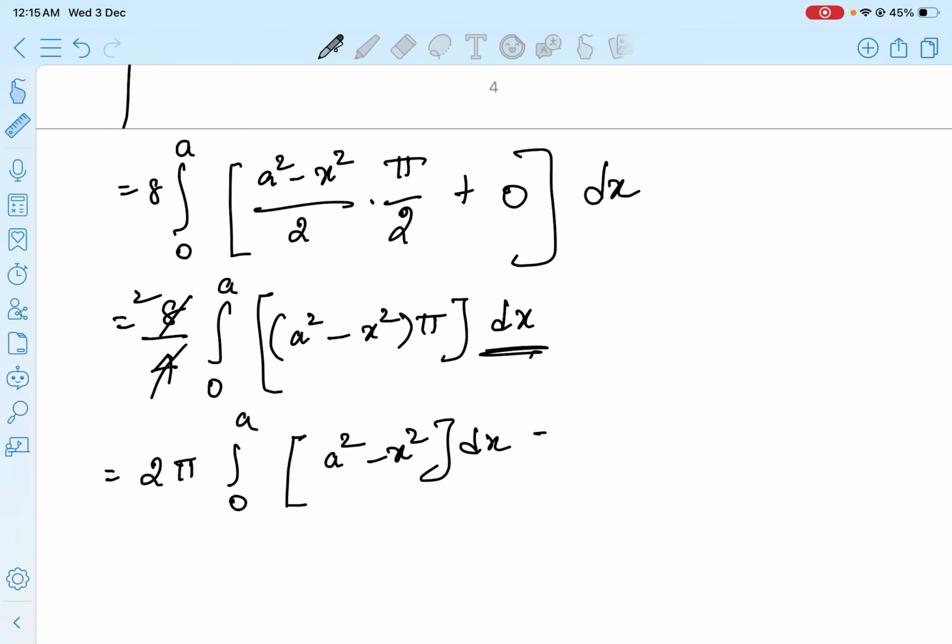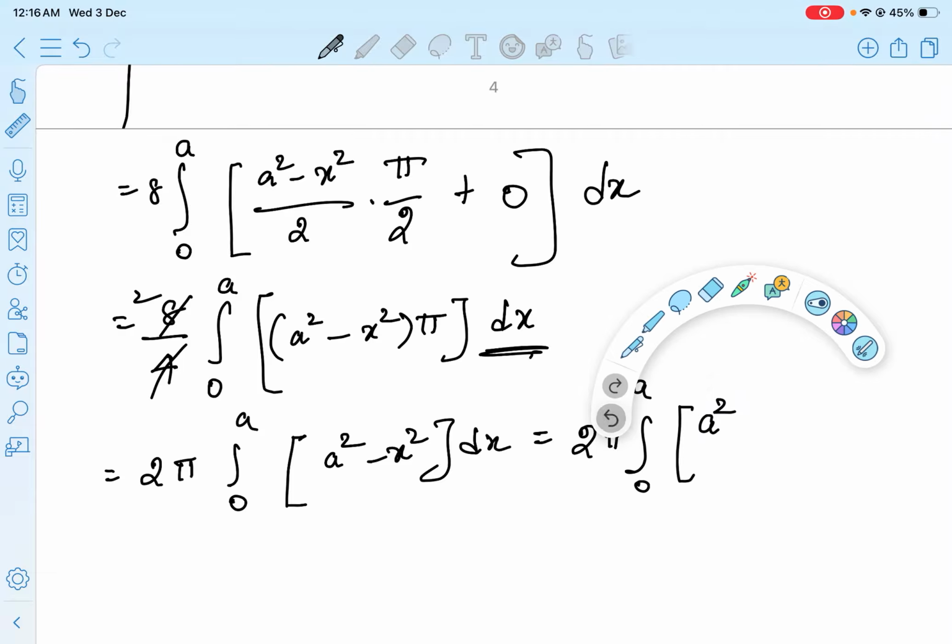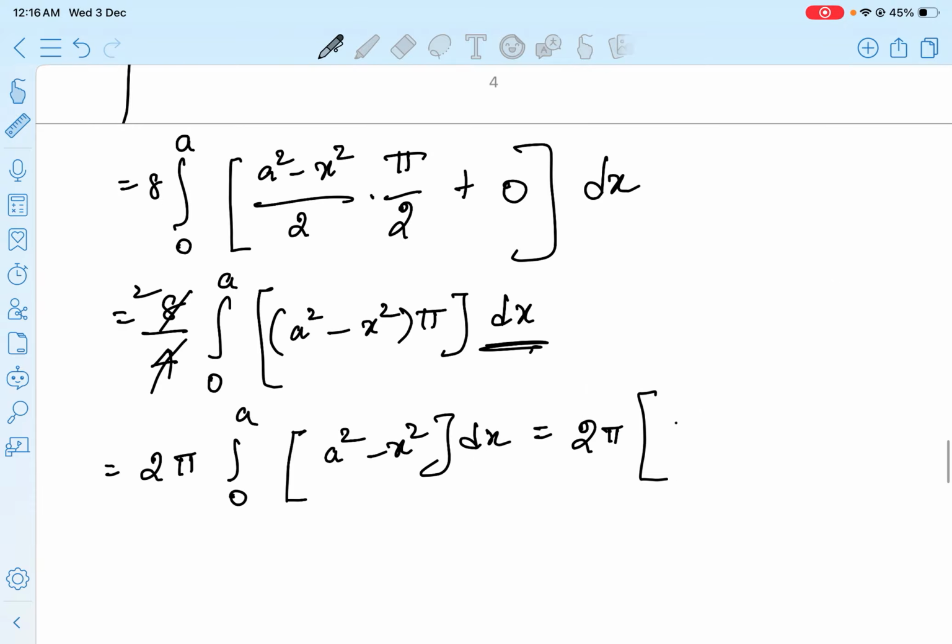So integral 2 pi, a square into x minus x cube by 3, 0 to a.